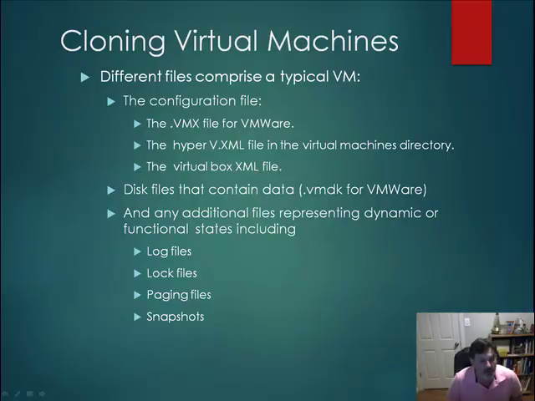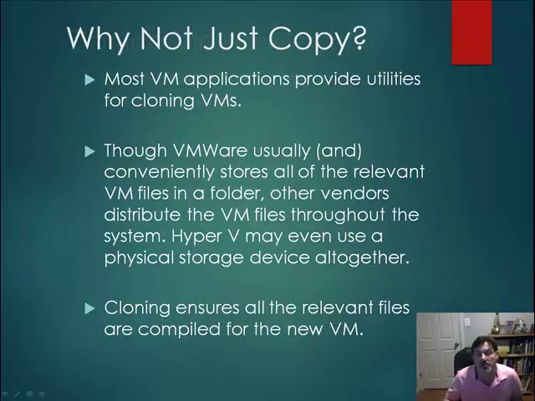Say you've got the VM in suspended mode, it may have a lock file associated with that. Paging files, and certainly even snapshot files, which we'll talk about shortly, are all files that you may have to look for if you're thinking about doing a manual relocation or copying of a virtual machine.